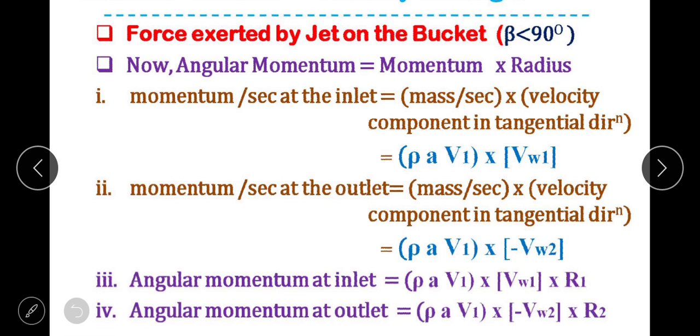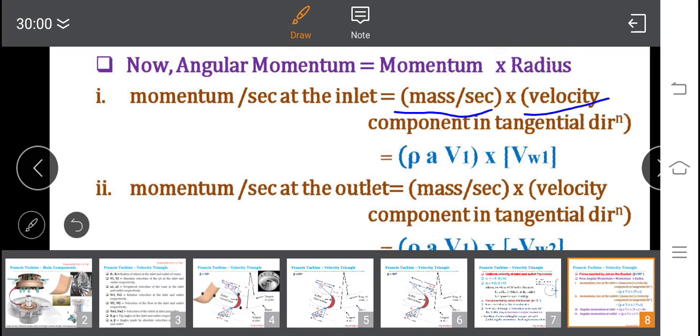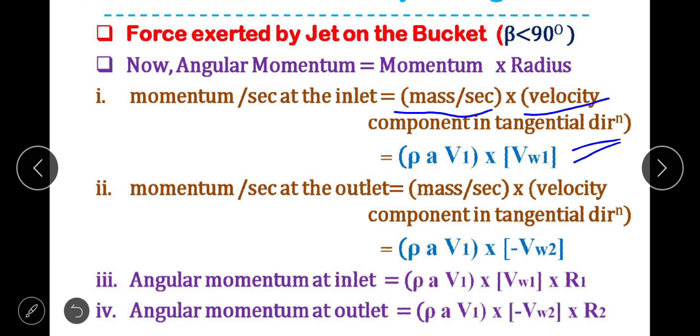Momentum per second at the inlet is equal to mass per second multiplied by velocity component in tangential direction, that is equal to rho a v1 multiplied by vw1. Momentum per second at the outlet, in the similar way, is mass per second multiplied by velocity component in the tangential direction, equal to rho a v1 multiplied by minus vw2.